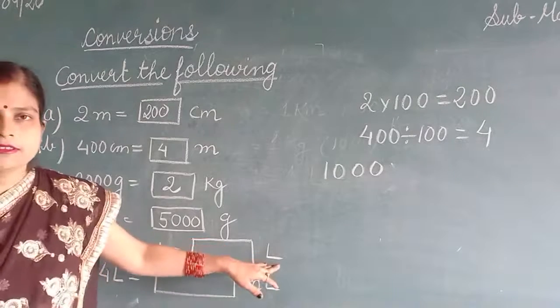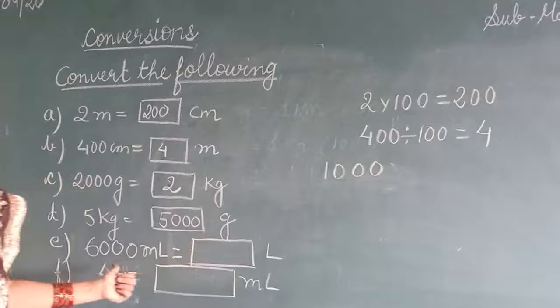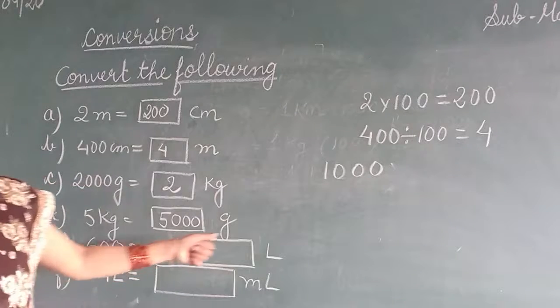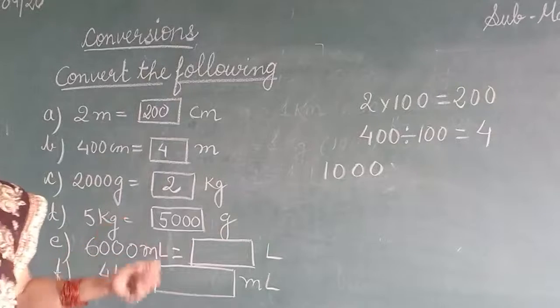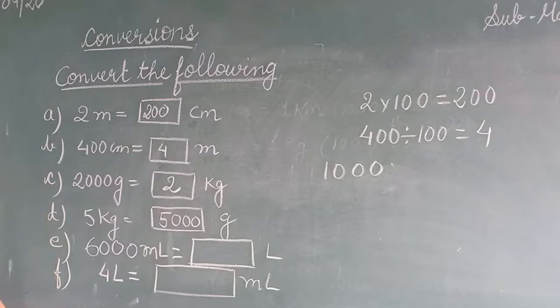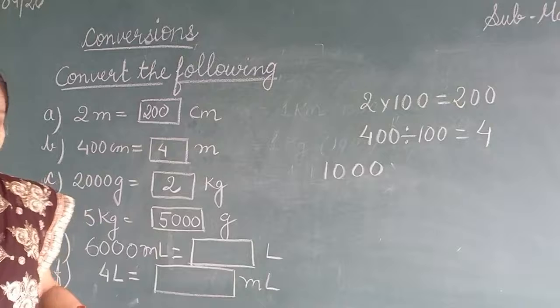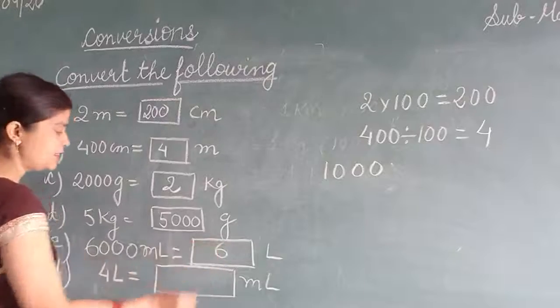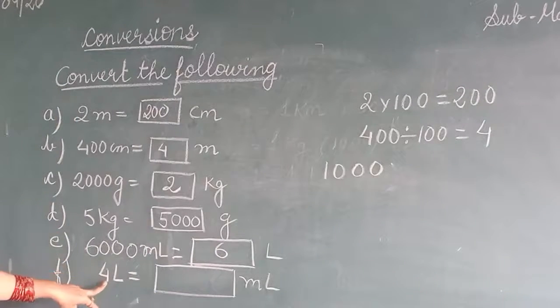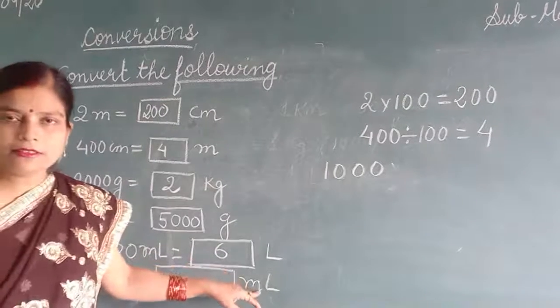Milliliter to liter. We have to divide because it is a smaller unit and this is a bigger unit. So we have to divide this number 6000 by 1000. And dividing means removing the number of zeros. We will remove 3 zeros here, 1, 2, 3. So here it will be 6 liter. And then 4 liter is equal to how many milliliter?